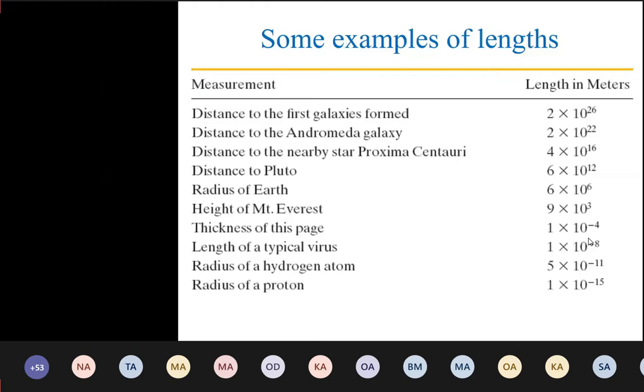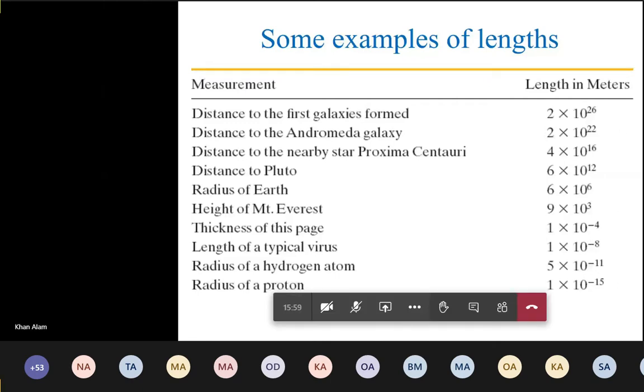Let me take another extremely popular value, which is the radius of Earth. The radius of Earth is 6 times 10 to the power 6 meters. In short, the radius of the Earth is 6 million meters. When we go to more accuracy, there are more significant figures.